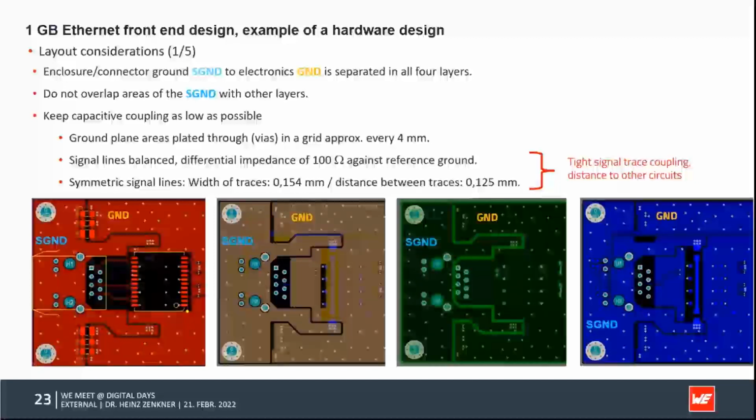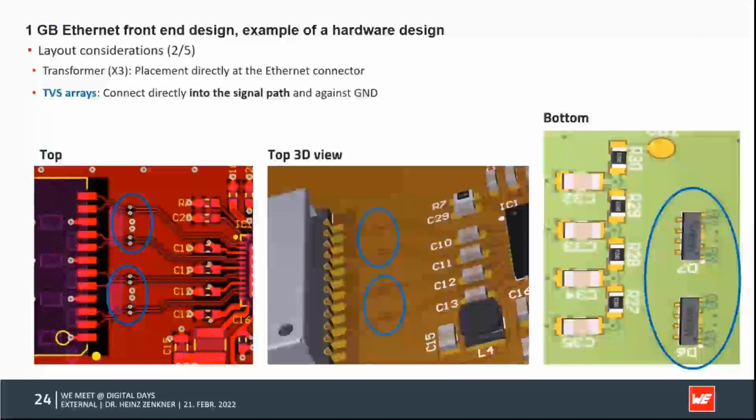Then you see we have vias here, every 4 millimeters, to couple all the layer stacks together, all the planes, so that we really have a tight, sufficiently shielded ground underneath. And the TVS diodes, as mentioned already, here in the bottom view, are connected directly with 2 vias through all digital ground layers.